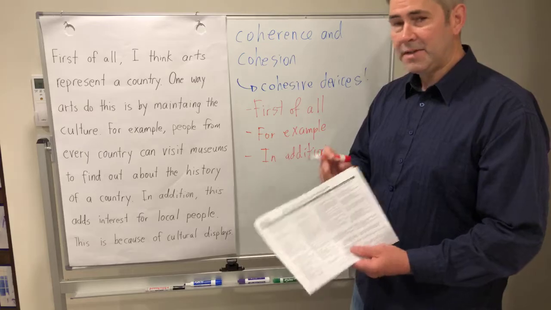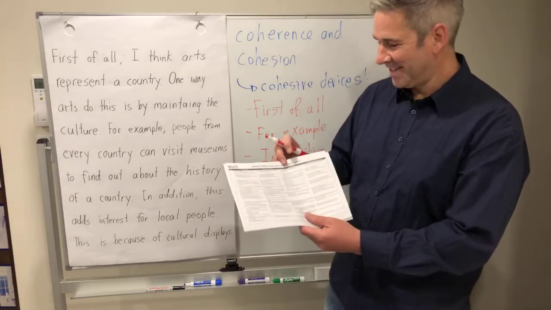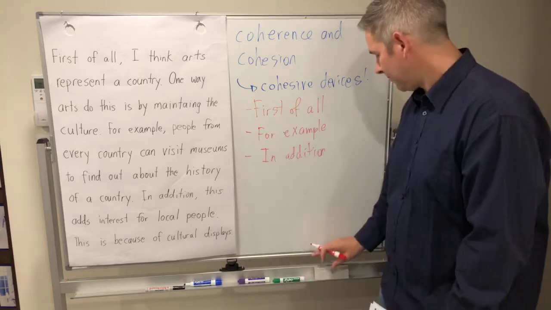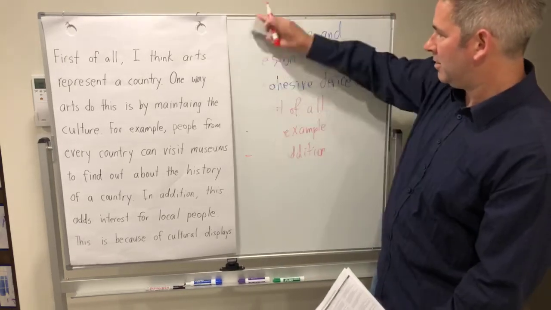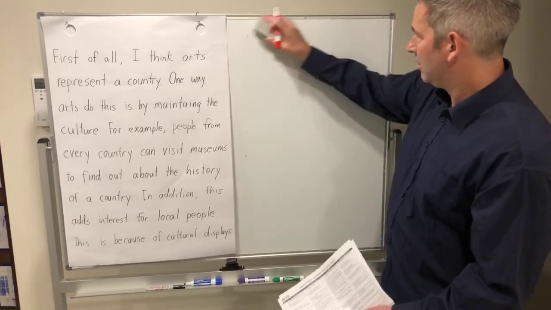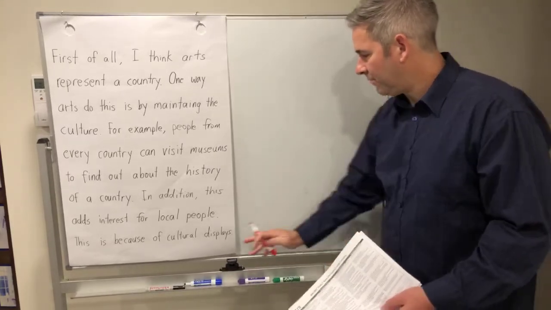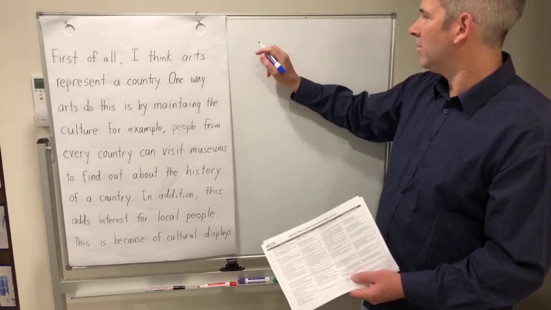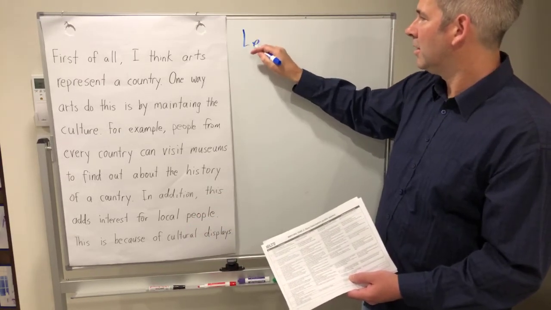Let's move on to the next band descriptor, which is lexical resources. Now, very fancy word for vocabulary. Now, I want to talk about a little strategy for vocabulary. So I'll put up the band descriptor.